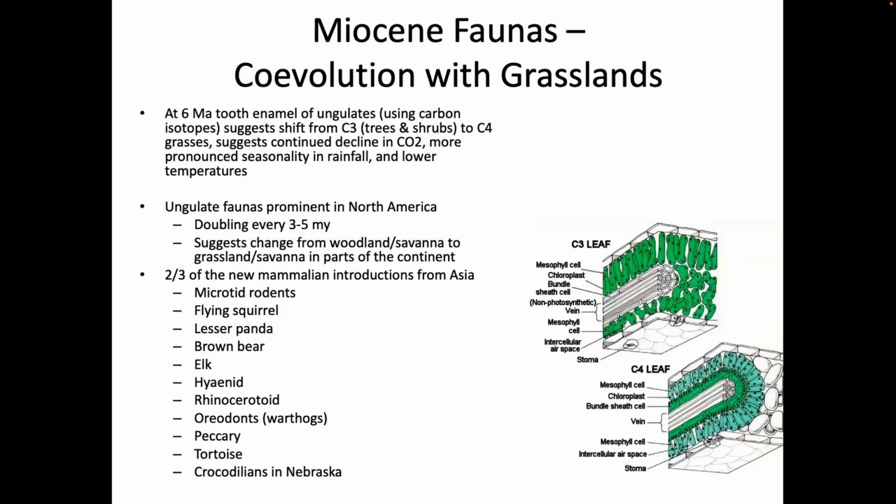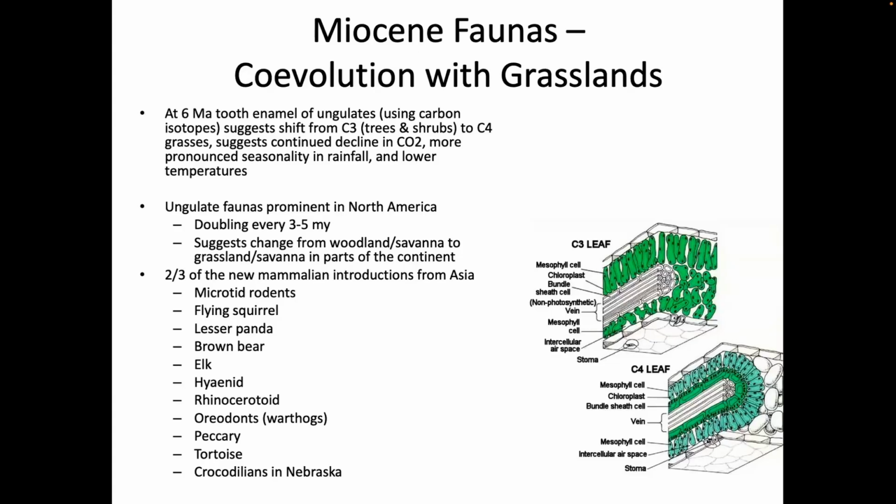Now, at this time, about 2/3 of the new introductions into North America are coming from Asia. And that makes sense. The North Atlantic land bridge has closed by the middle Miocene, but that Bering land bridge is still open.